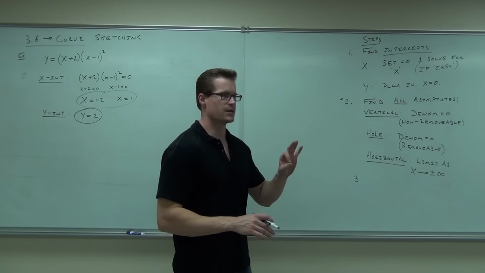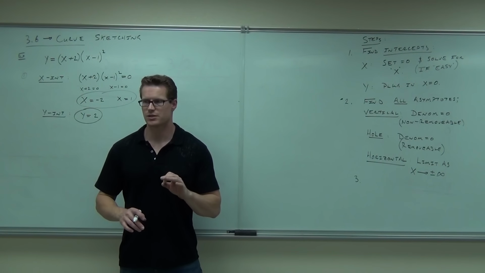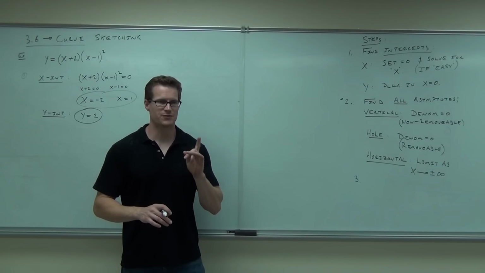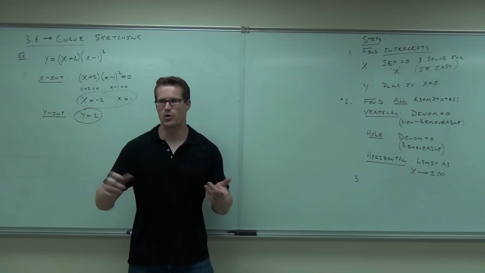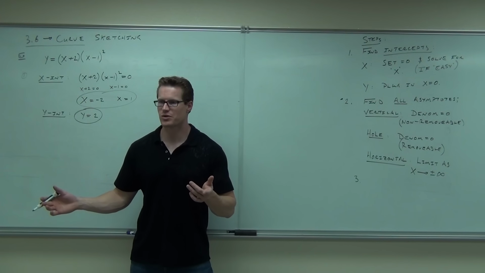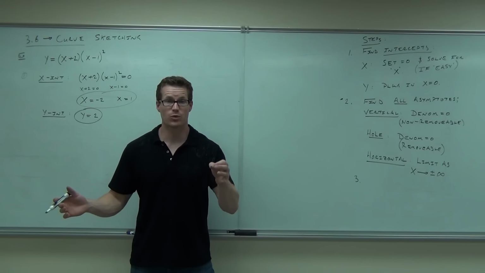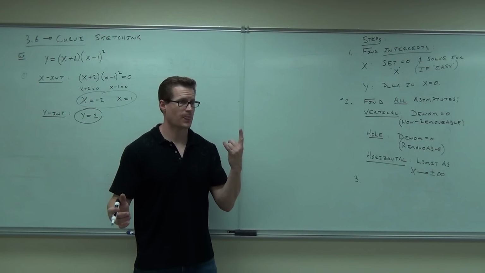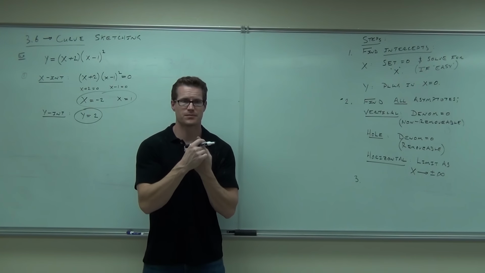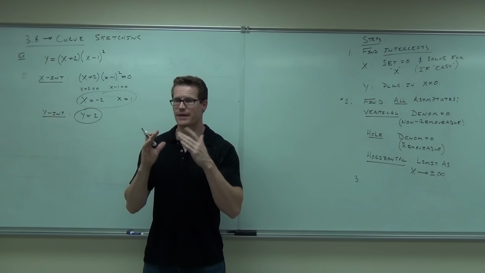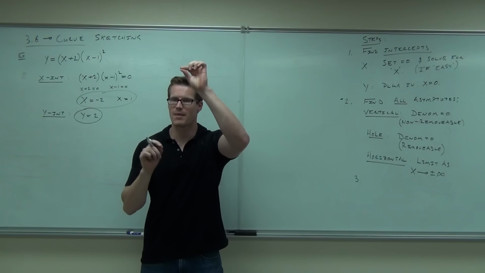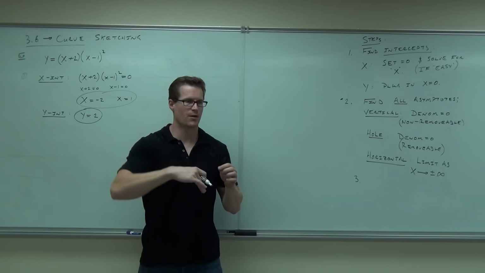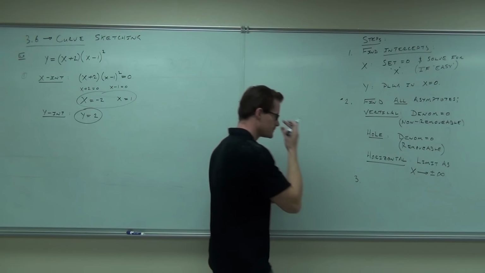Step number 3 is you finally get to do some calculus. You're going to do the first derivative test. You remember the first derivative test? You had a whole homework section on that, right? First derivative test, you set it equal to 0. It will give you 2 things: critical numbers and increasing, decreasing. And that's what you care about, right? You care about where are my maxes, my mins, how am I going up, how am I going down.